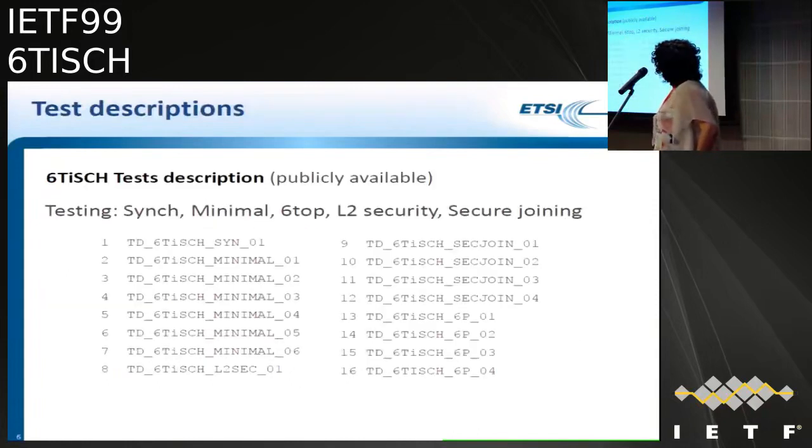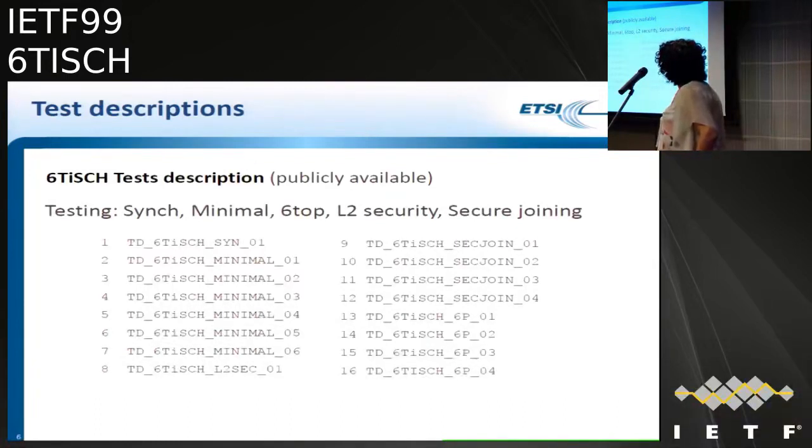About the tests that we wanted to run for this edition, we focused mainly on synchronization and minimal, because now it is an RFC and we wanted to check if it works. And then 6top also, and finally some security aspects, both at link layer and others related more to the joining function.